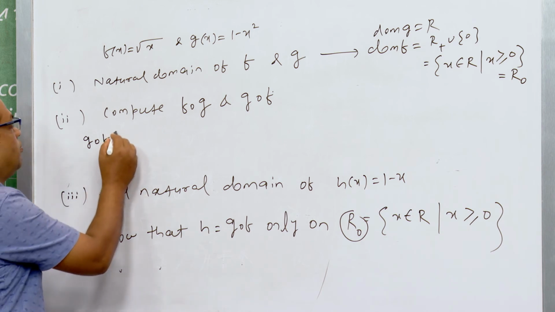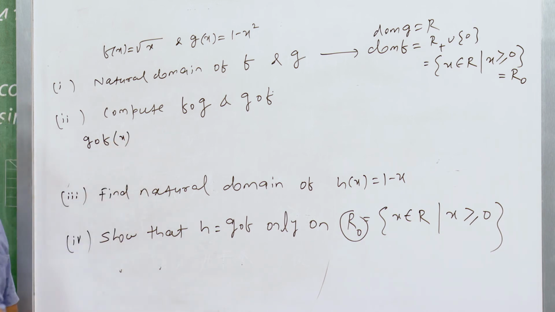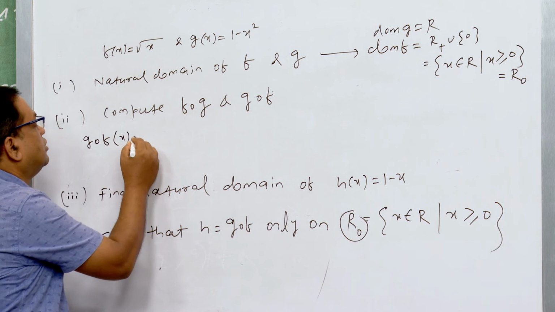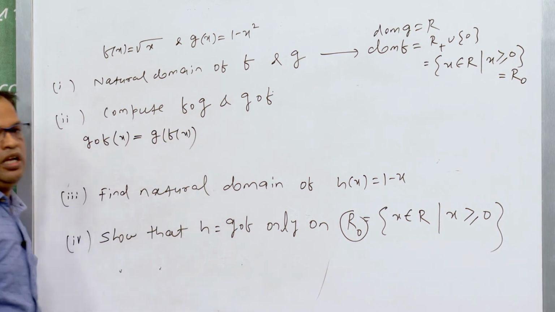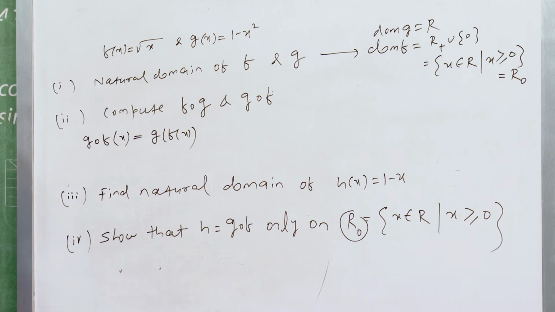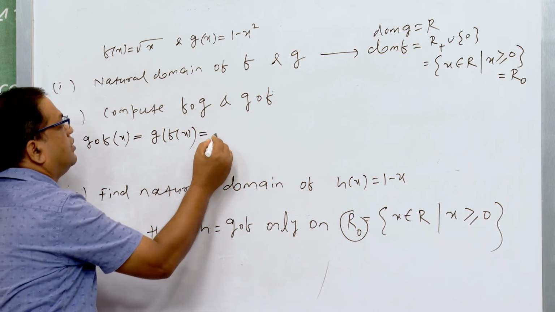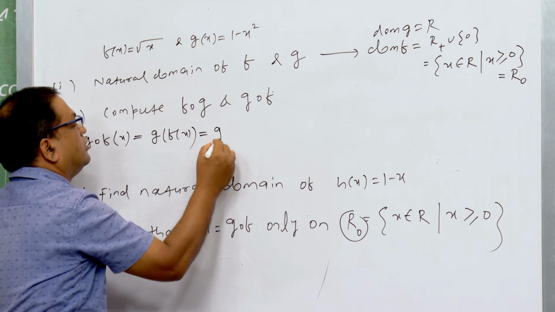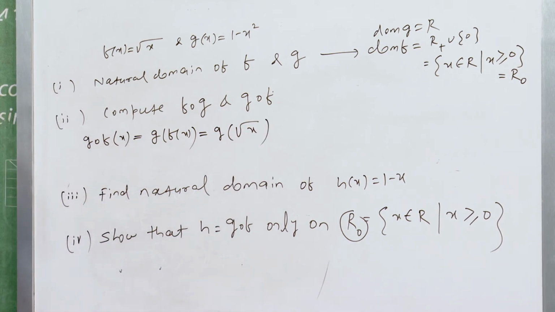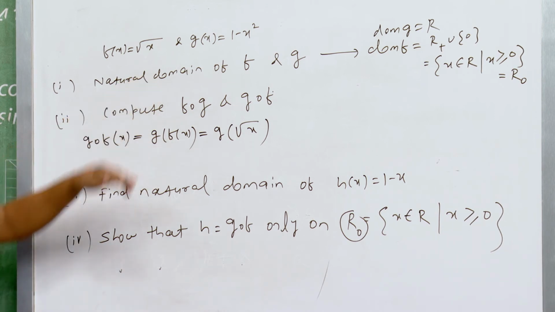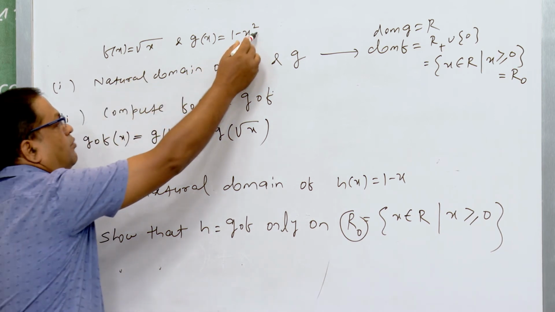G composition f of x. What is G composition f of x? It is G of f x. What is f x? f x is root x. G of root x. Now, what is G of x? G of x is 1 minus x square.